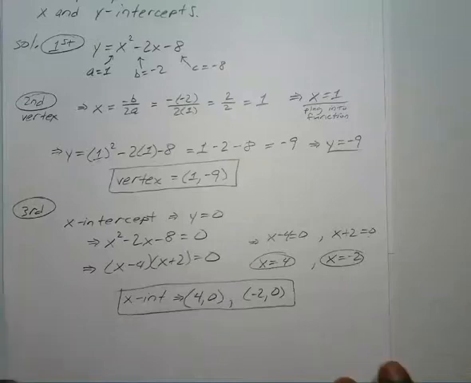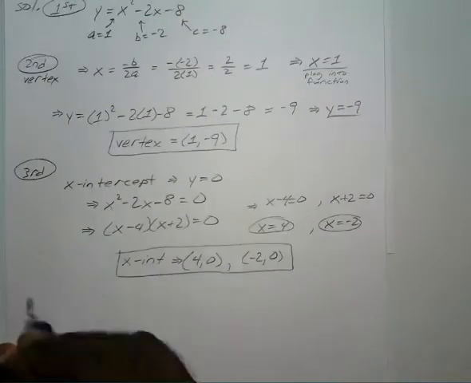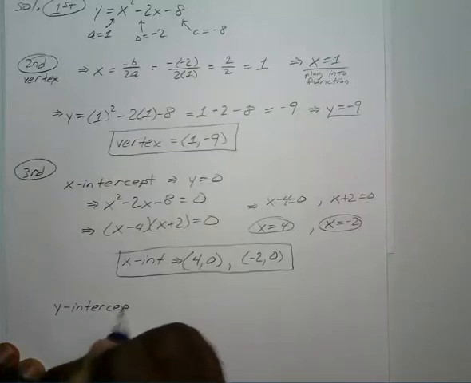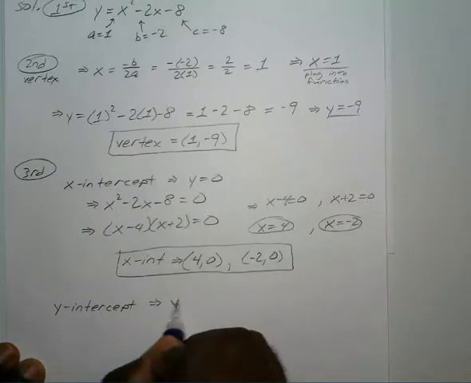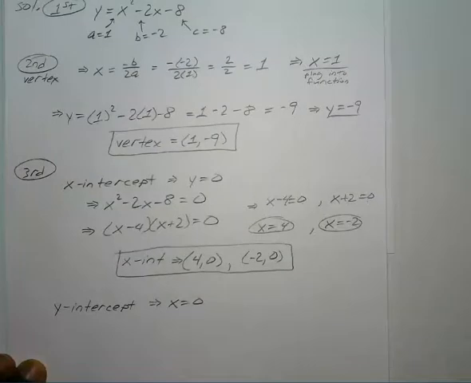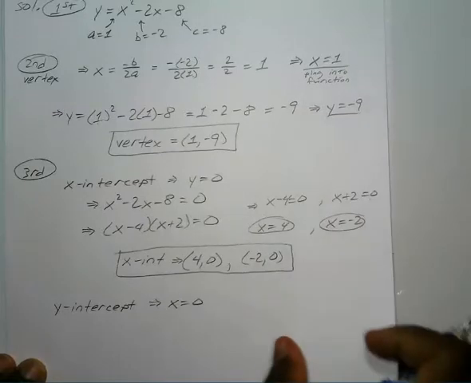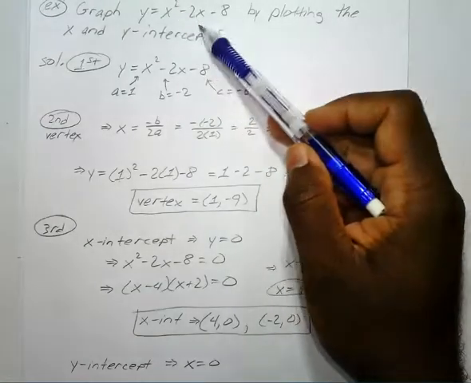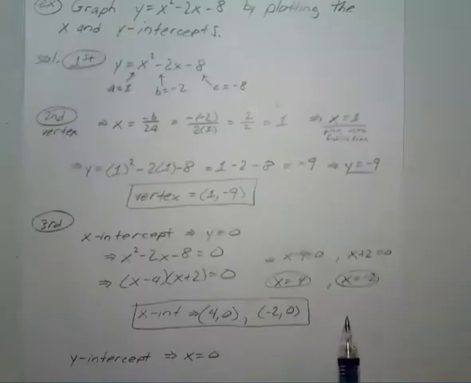Okay, so now we go ahead and find our y-intercept. And we do that by making x equal 0. Okay, so again, we have, let me move this down a little bit, y equals x squared minus 2x minus 8.